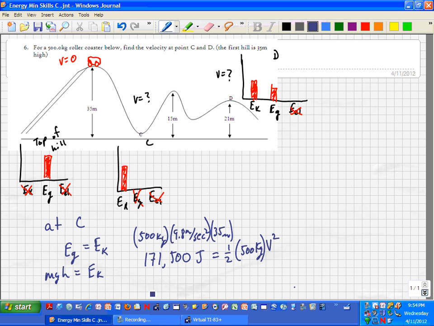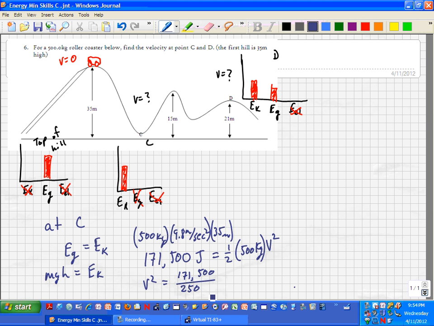So that means that v squared is going to be equal to 1/2 times 500 is 250. So I'm going to divide that over to the other side. So I get v squared is equal to 171,500 divided by 250. And since we started with kilograms, joules, everything's going to come out just fine.